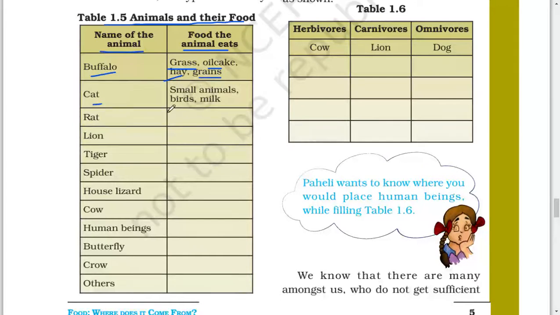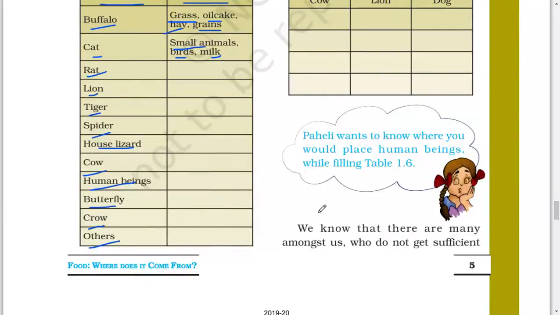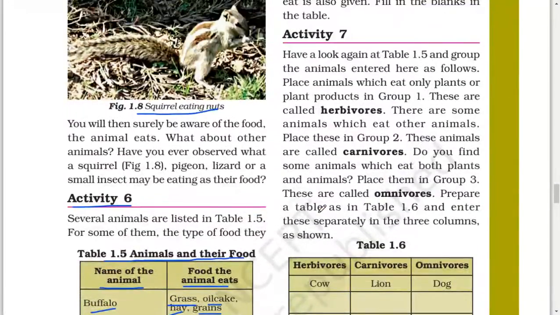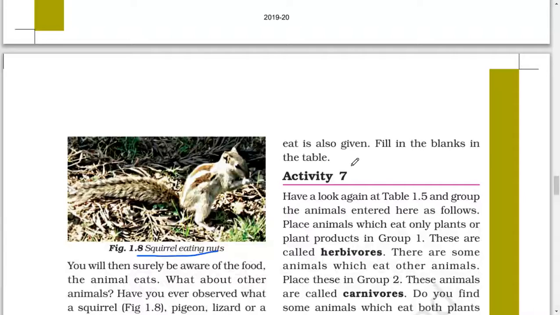Cat: small animals, birds, milk. Next: rat, lion, tiger, spider, house lizard, cow, human beings, butterfly, crow, and others. Fill in the blanks in the table.